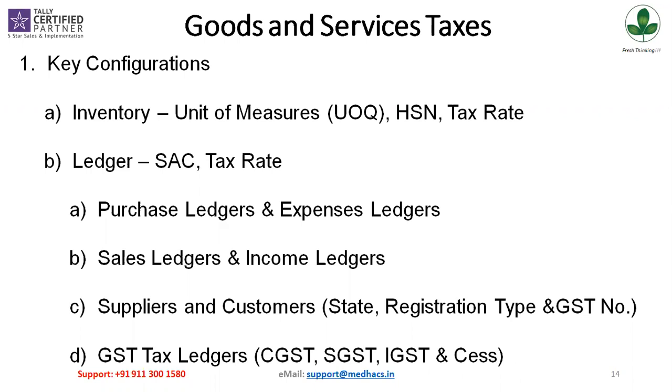Now since two states are involved, Karnataka and Maharashtra, the input tax is taken in Karnataka, but he is selling to a Pune customer and there is an IGST, meaning two states are involved. So to simplify the business problem, they say charge under one head called IGST.